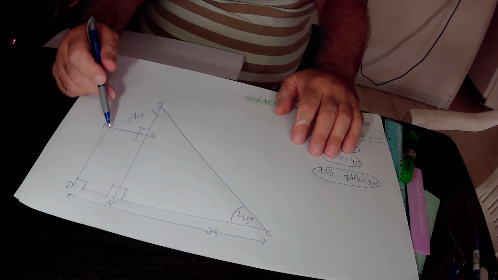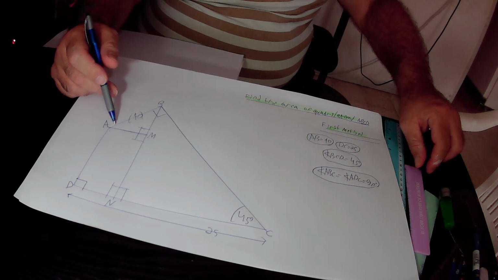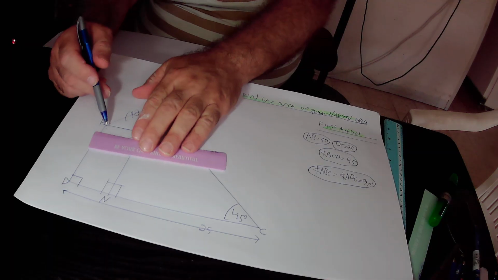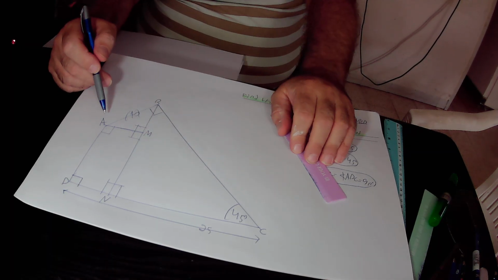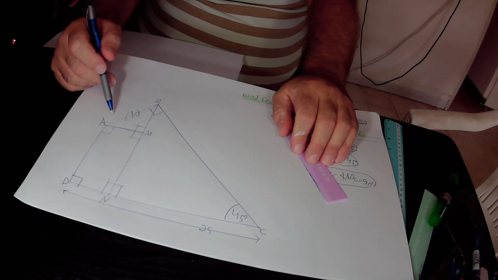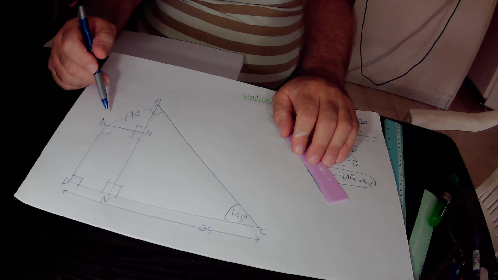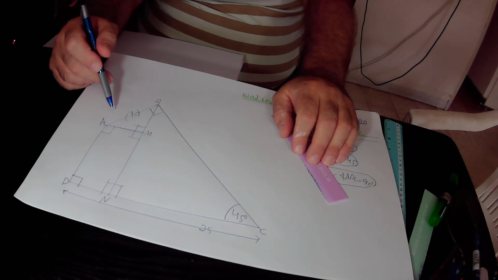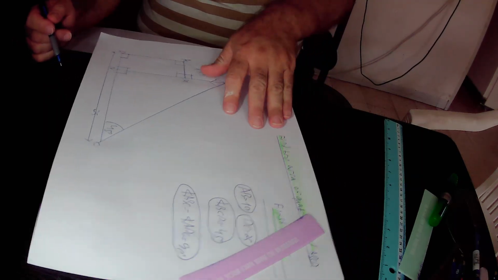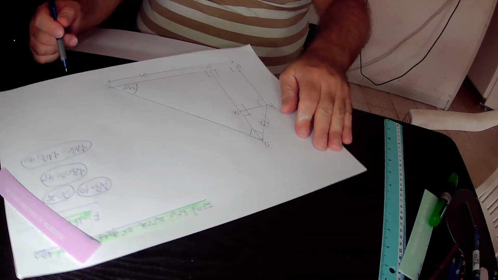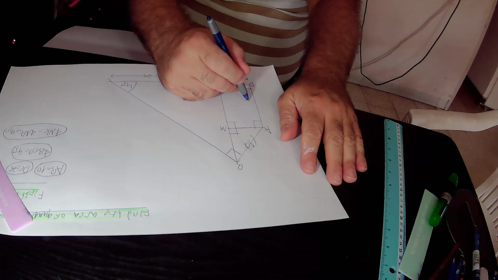And therefore, this fourth angle must be equal to 90 degrees in its size. So in quadrilateral AMDN, we have 4 right angles, and therefore, according to rule 5, quadrilateral AMDN is a rectangle, because it has 4 right angles.